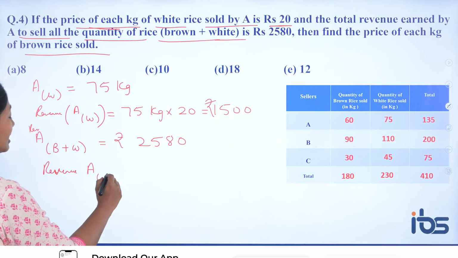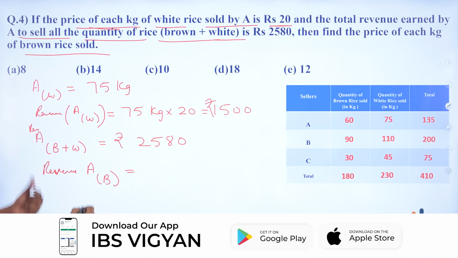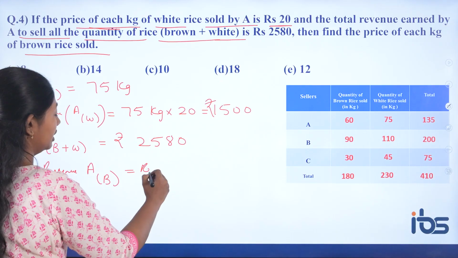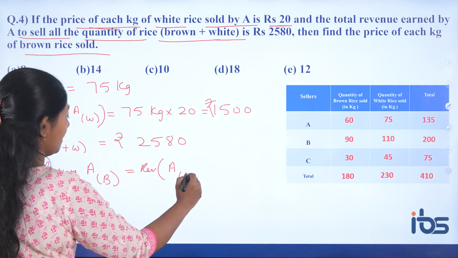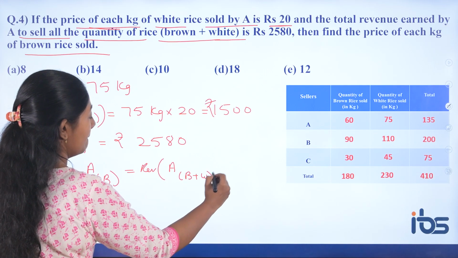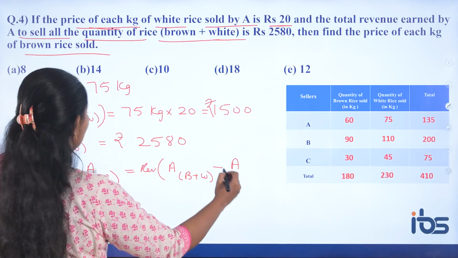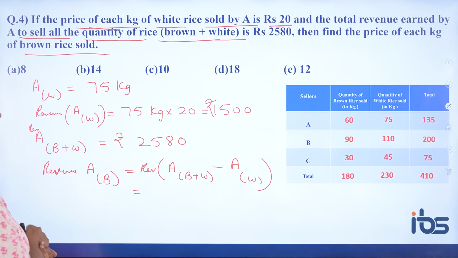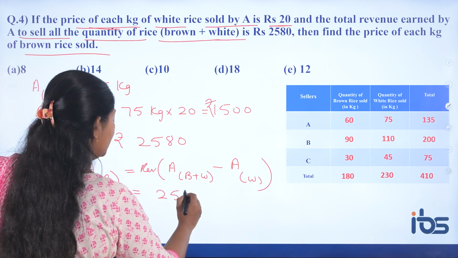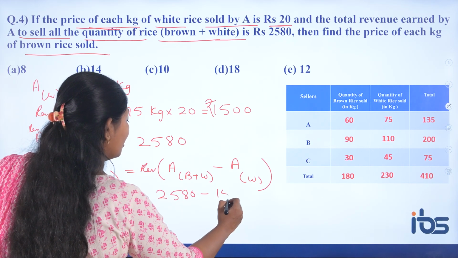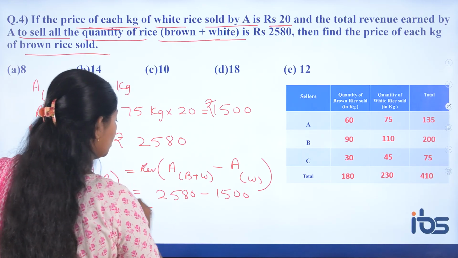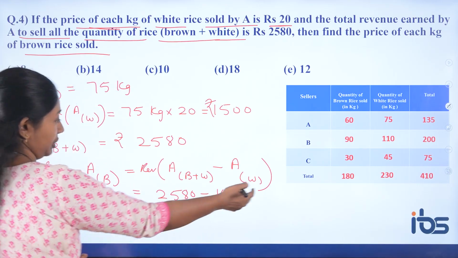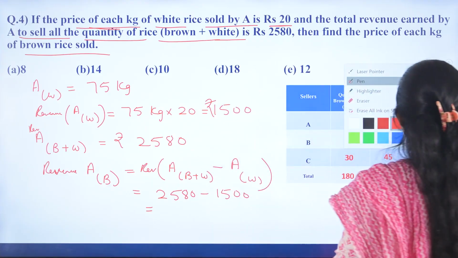Revenue earned by selling A's brown rice is the difference: A's revenue from brown plus white, minus revenue from A's white only. So from this, what are you getting? 2580 minus 1500. You can write it here, because there is no space there.